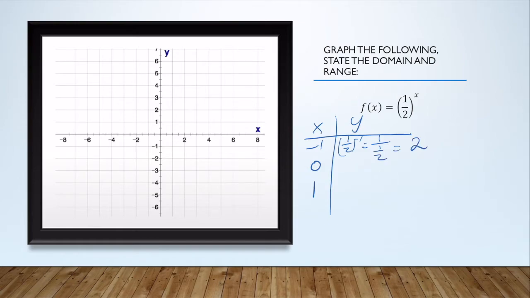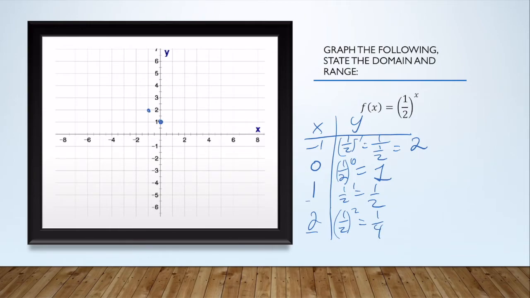If I have 1/2 to the 0, well, any number to the 0 power is just 1. If I have 1 as my x value, I have 1/2 to the first power, which is 1/2. If I have 2, I have 1/2 squared, which is 1/4. So this function decreases from left to right.